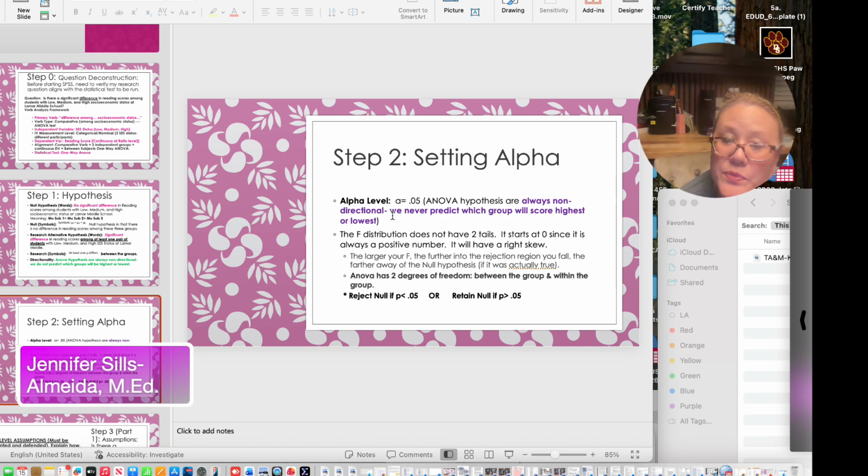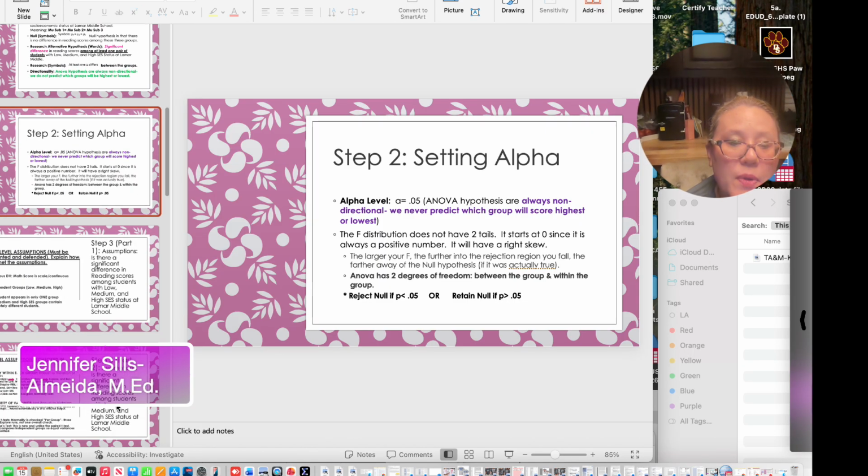We'll have to reject the null if P is less than 0.05. In our situation it will be, but I'll show you in a second. You retain the null, meaning there's no significant difference, if P is greater than 0.05.